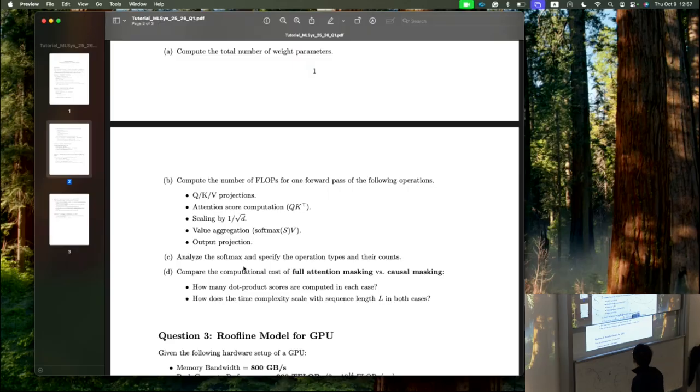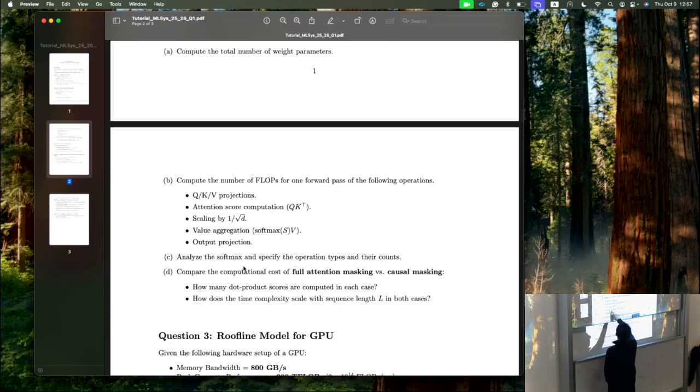Okay, so you're saying you don't understand how we calculate the softmax. Sorry, I think this question is a bit confusing, and thanks for pointing this out.